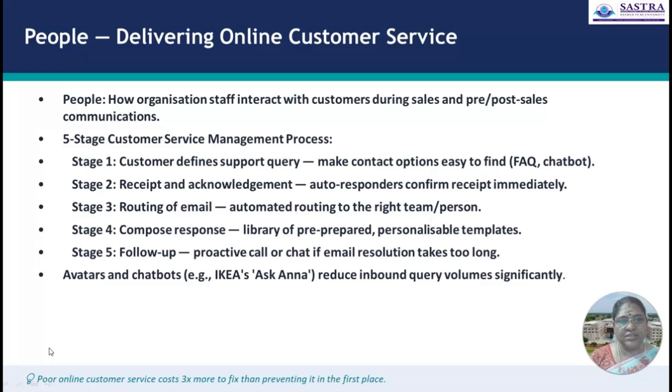Now I'm summarizing the 5 stages in the customer service management process. The first stage is the customer defines support and the query: make contact options easy to find, with FAQs and chatbot-like structure. Stage 2, receipt and acknowledgement: create autoresponders to confirm receipt of the mails immediately. The third is routing: automated routing of the email to the right team or the right person at the right time.